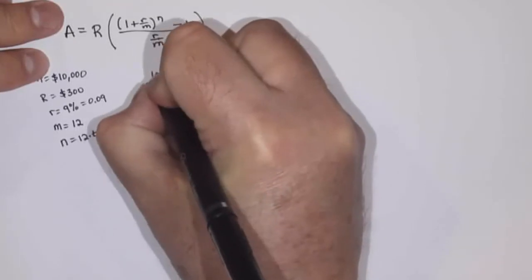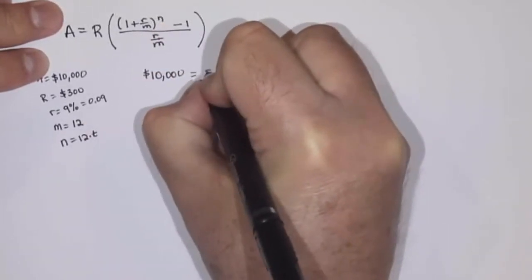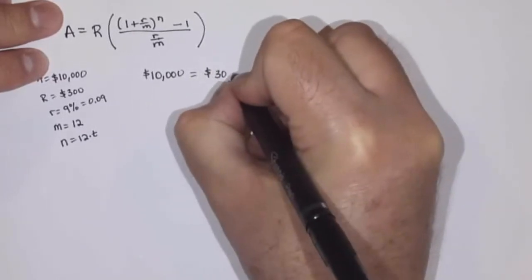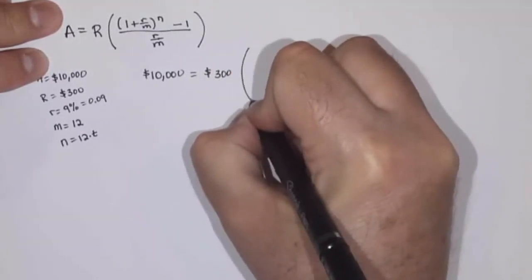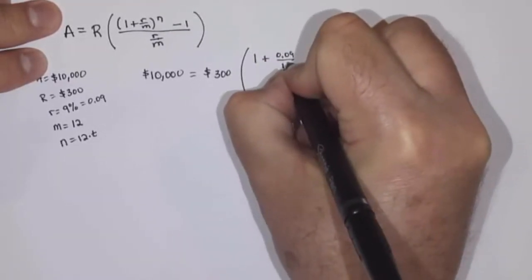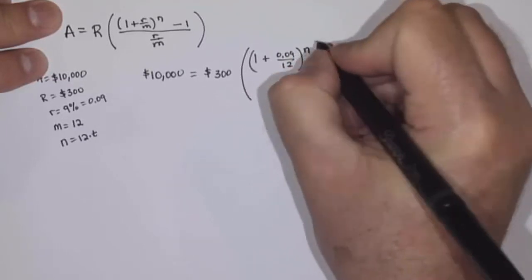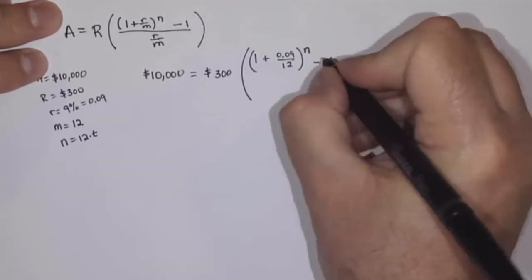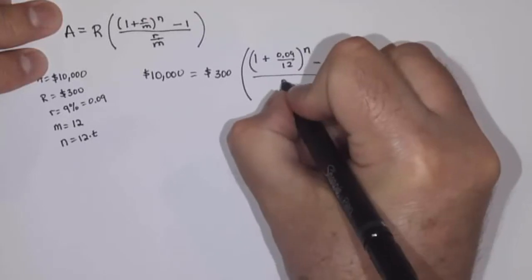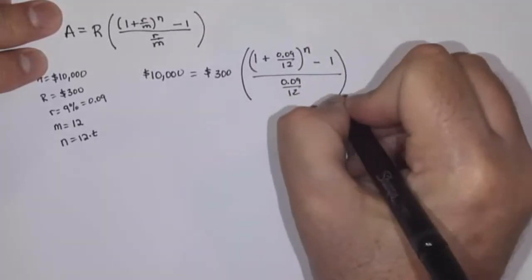Okay, so filling this in, we have $10,000 is going to equal $300 times (1 plus 0.09 divided by 12) raised to the, I'm just going to use n here, minus 1, and that's going to be over 0.09 divided by 12.